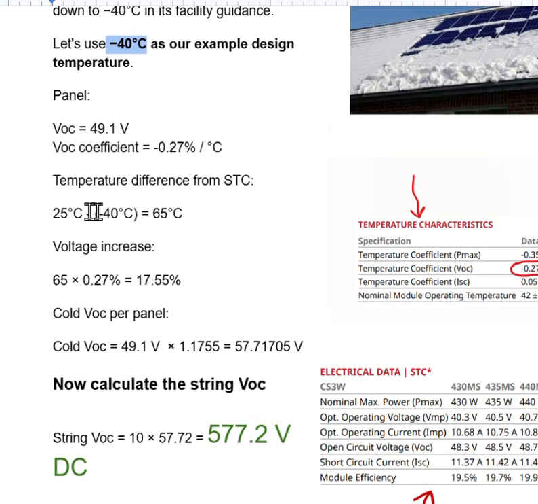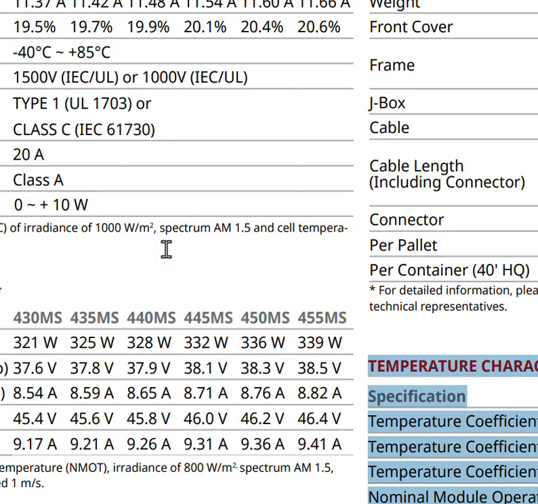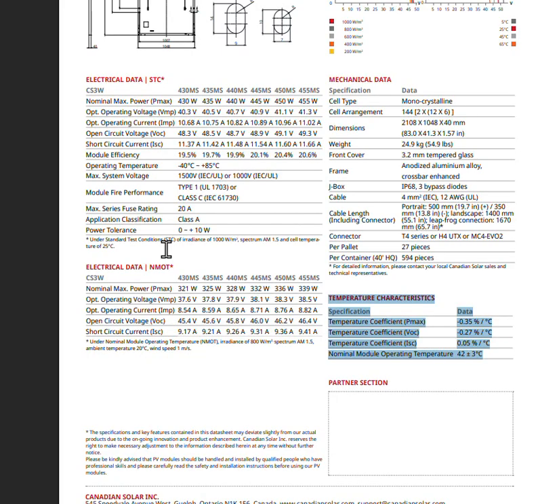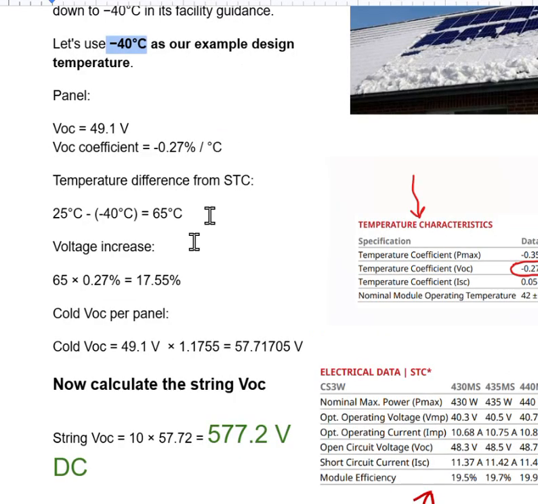Again, check the manual of the panel: they tested their panel at 25 degrees. So for 25 degrees and minus 40 of Edmonton, the temperature difference is 65.